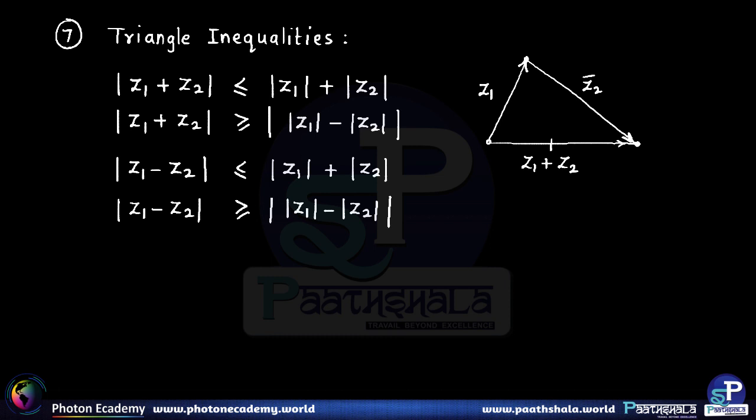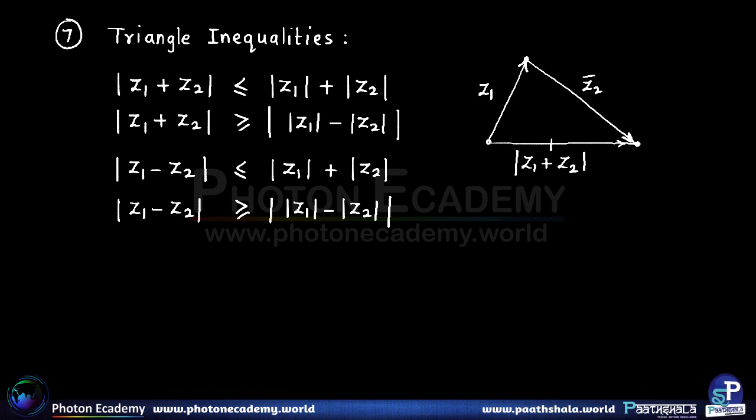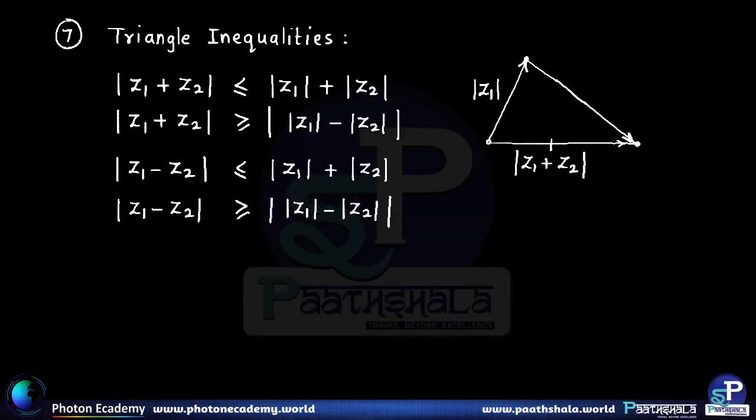Hence the magnitude of z1 plus z2, which is the length of this particular side, has to be less than or equal to the magnitude of z1 plus the magnitude of z2. Here it is wrongly written as z2 bar, it is simply z2. So mod of z2 is the second side, and therefore it proves the first triangle inequality.